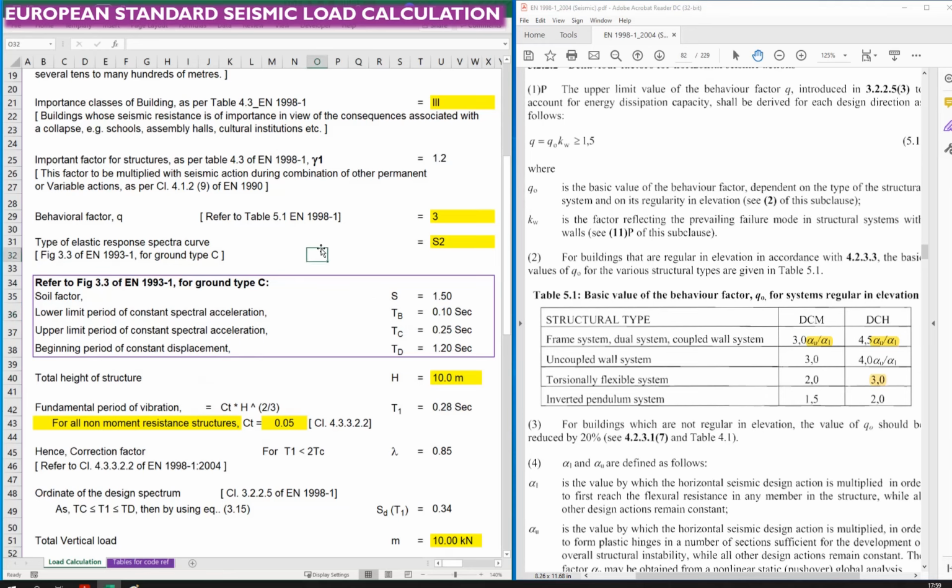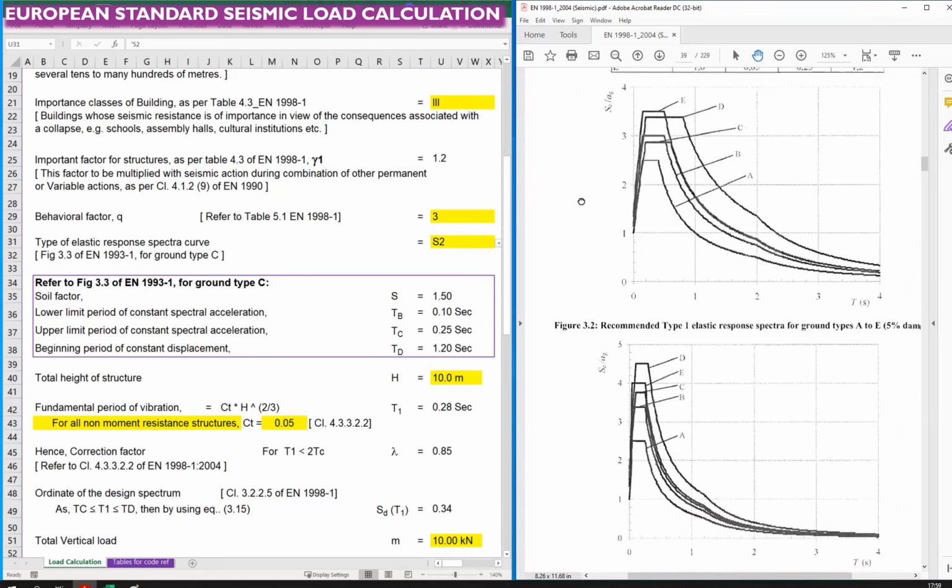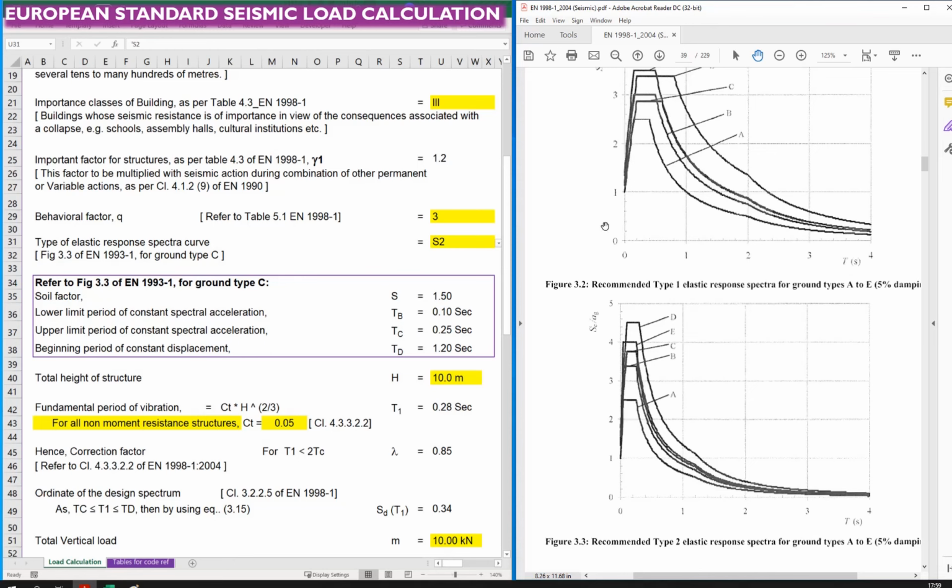So for that I need to refer figure 3, which is available on page number 39. So these are the two charts, type 1 and type 2. I have a drop down list here, S1 and S2, which equal type 1 and type 2 elastic response spectrum chart respectively.